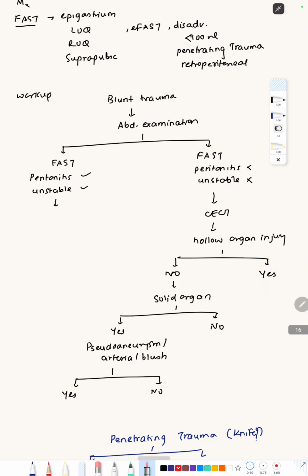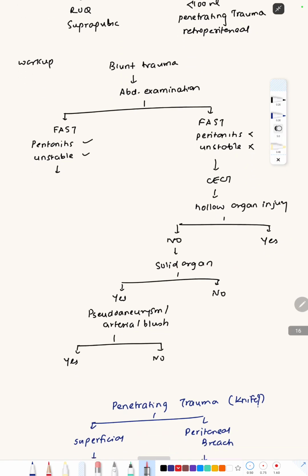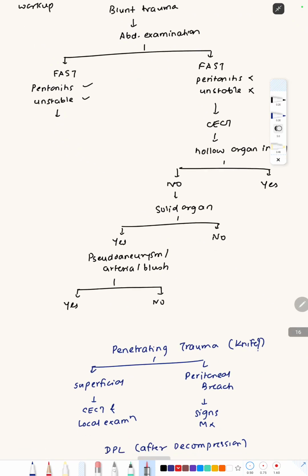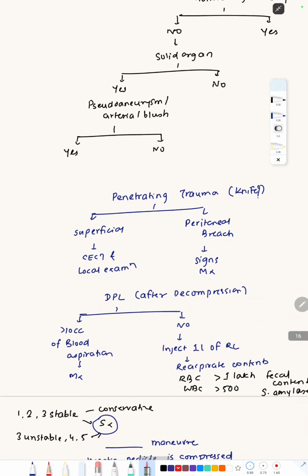If it is not, then assess for solid organ injury. If solid organ injury is also not present, then manage other injuries. If it is present, then look for pseudoaneurysm or arterial blush. If it is present, then you have to go for midline laparotomy. If not, then manage it conservatively.